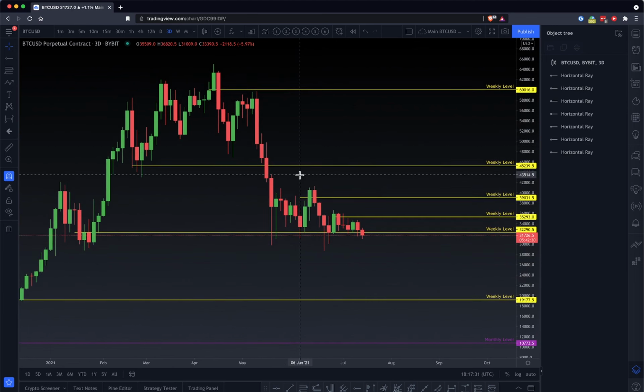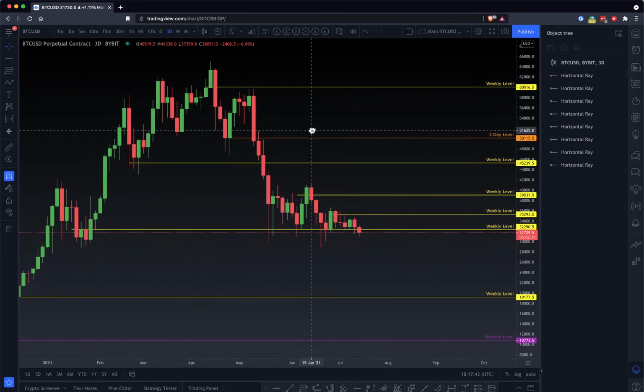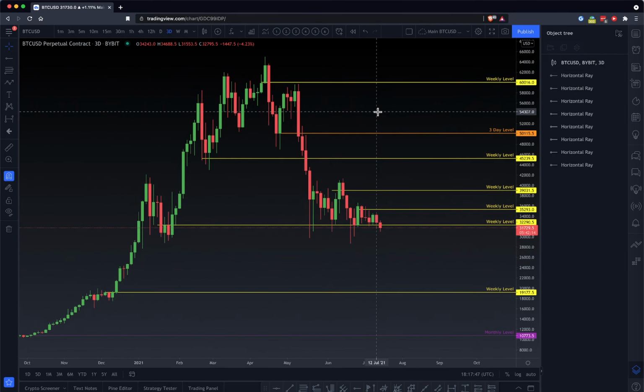3-day levels. There are much fewer people looking at the 3-day level, so that's why I feel like that's a good level to look at or be aware of at least. 40k, 39k.